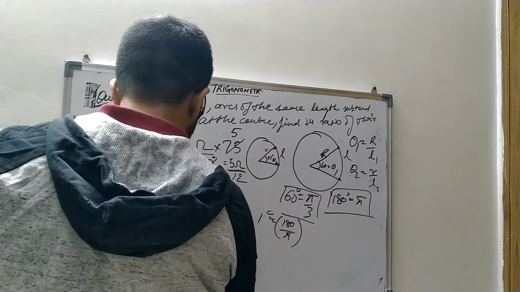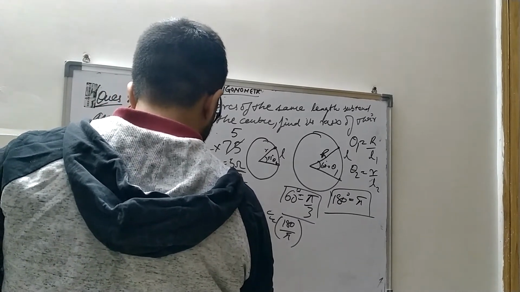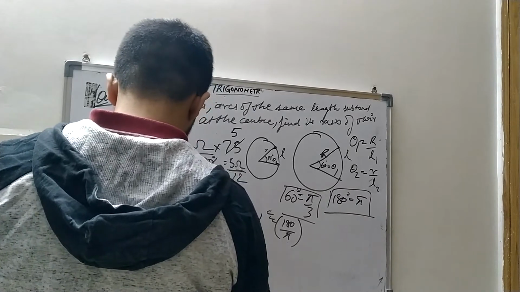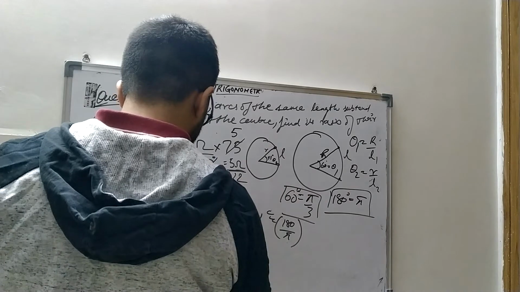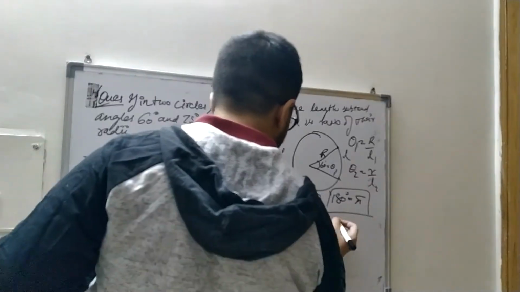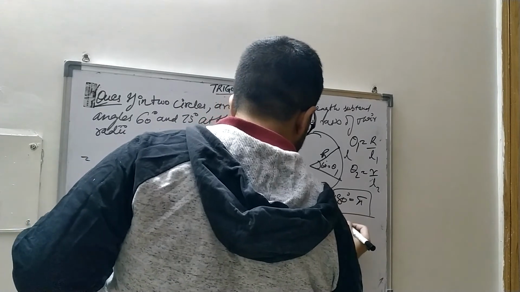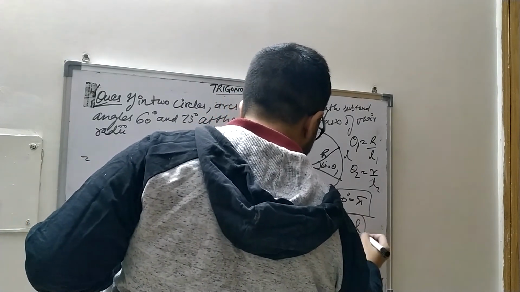And so we take 5 pi by 12 is equal to L by R. We take this as the second equation.